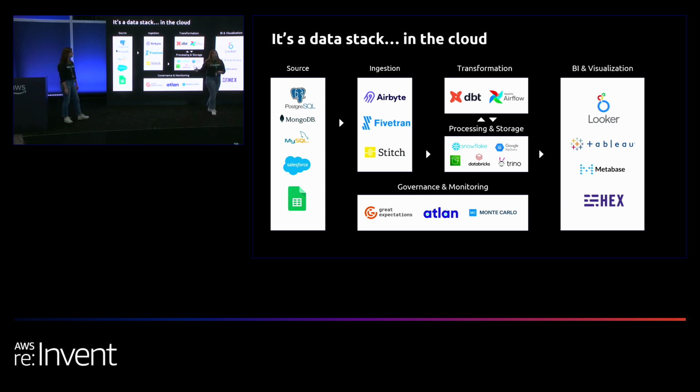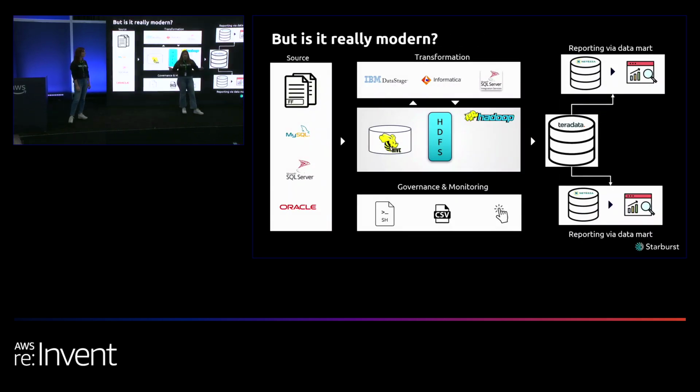You can see you've got your ingestion, your transformation, your storage, your visualization, but then you start adding other components like your testing, your governance, your monitoring components, and you end up looking like a stack that we really know today. Emma, do you think that the modern data stack is really that modern?